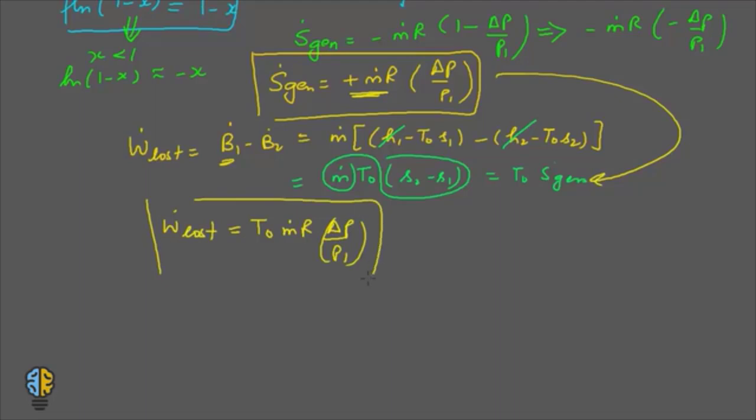So this means that the decrease in availability, or the lost work, is proportional to the pressure drop delta P and the mass flow rate m dot.